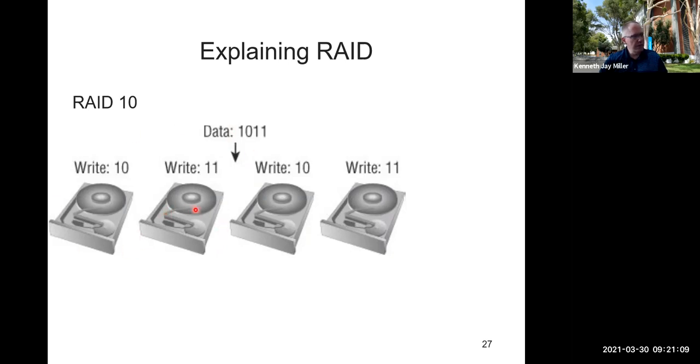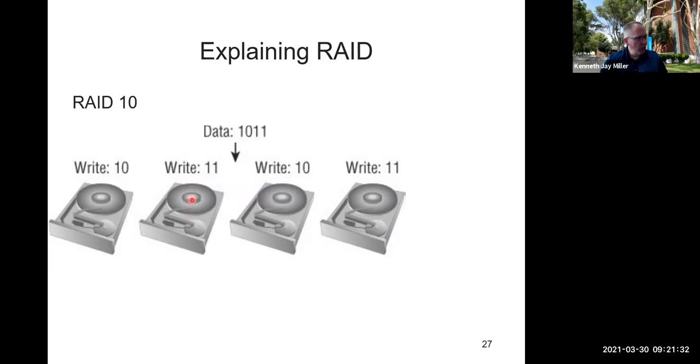Now, with RAID 1, we have to have an even number of disks because you can't mirror something to something smaller than the original size. Okay, so this data, 10, is written on this disk, and then it's mirrored to this disk.